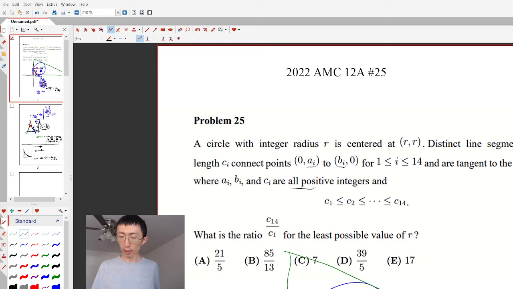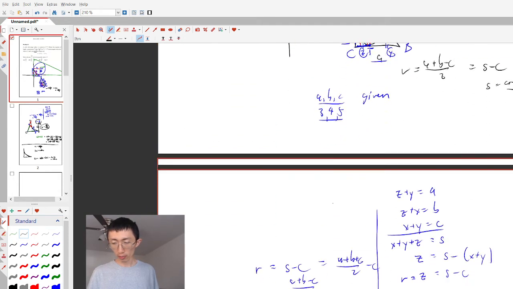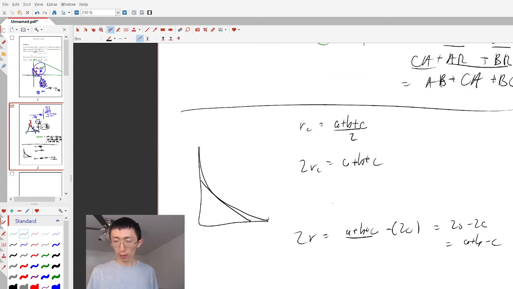R should be an integer because A, B, and C are all integers, and R is half the perimeter. So yeah, it should be fine when it's an excircle. So we should check that for all Pythagorean triplets A, B, and C we find that this is an integer, which should be the case.